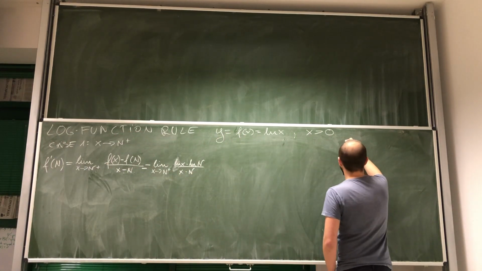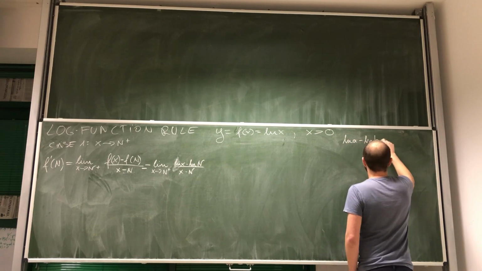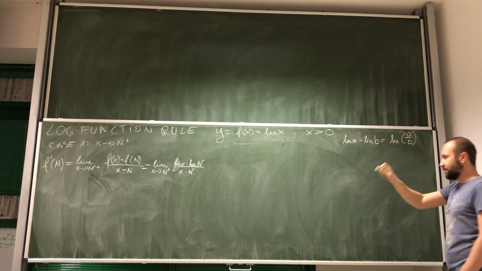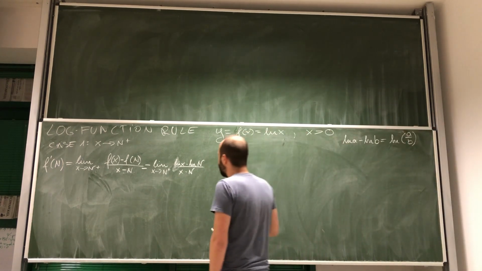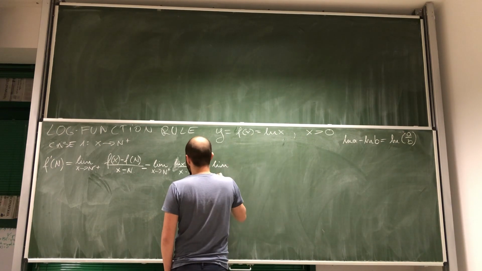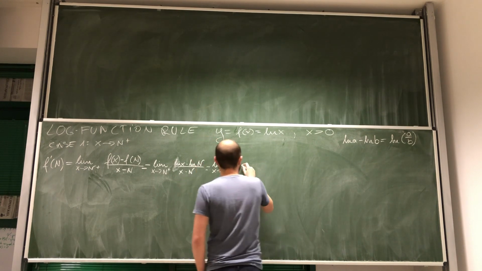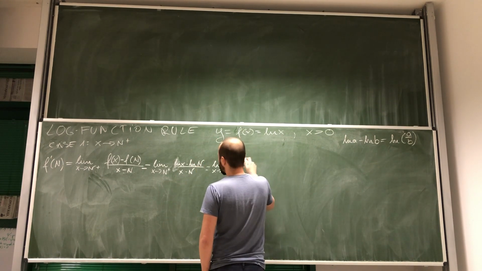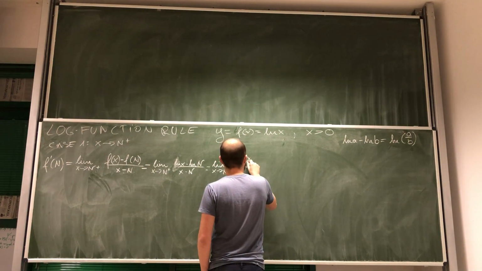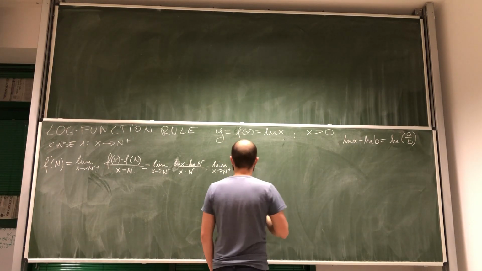We said that ln a minus ln b is equal to ln a over b. And this is the first property of logarithms that we're going to use over here. So we've got that this is the limit with x approaching n from the right hand side of the natural logarithm of x over n, divided by x minus n.